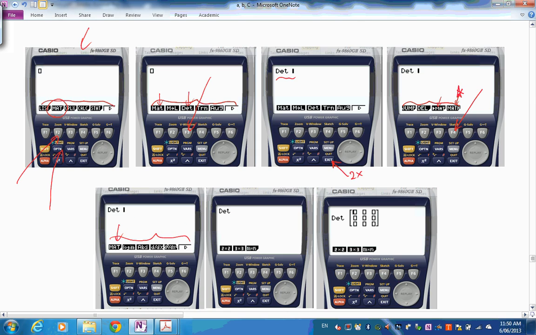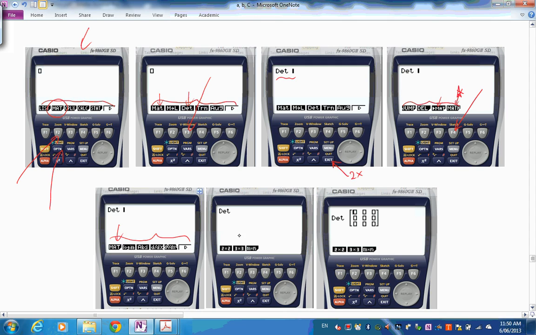So if you now hit mat, that is using F1. So if we hit F1 there, we will come to this window. Okay, so in this window then we need to choose what?